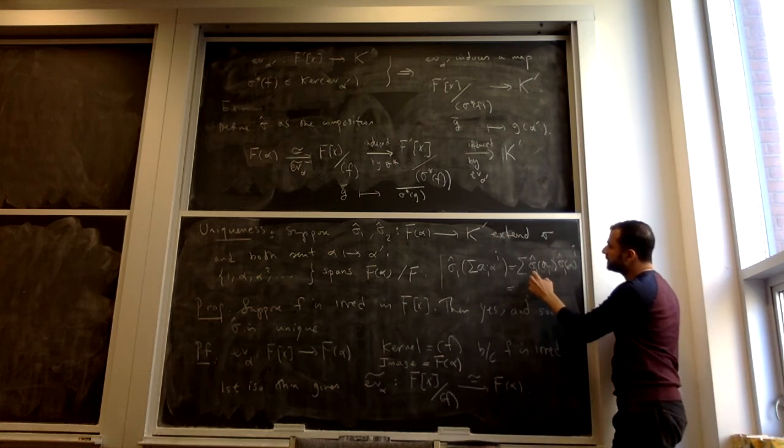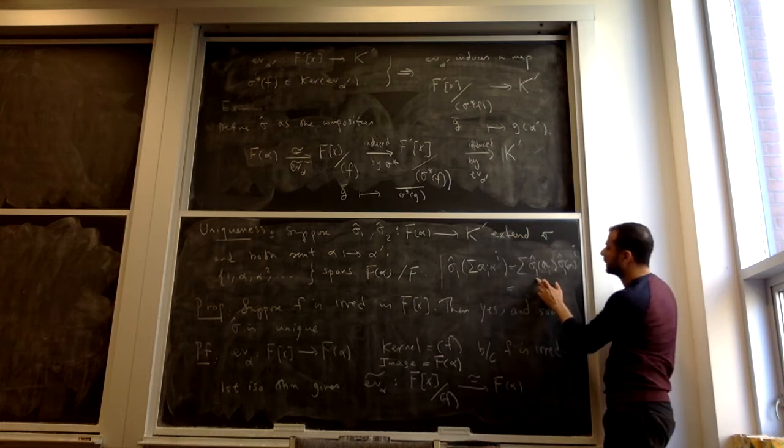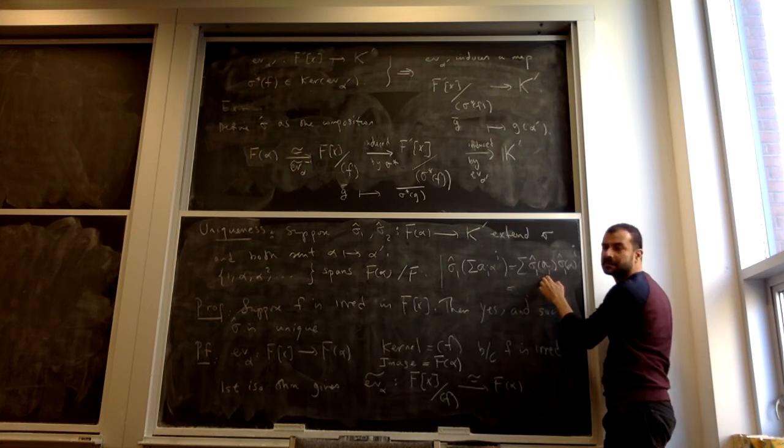Remember, sigma hat 1 and also sigma hat 2 both extend sigma. Sigma hat 1 at a_i is the same as sigma hat 2 at a_i.